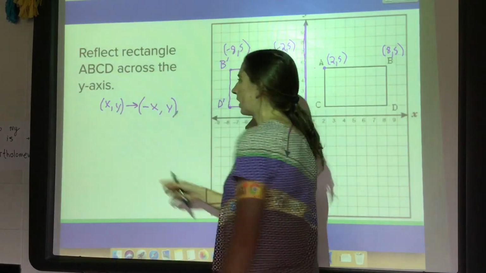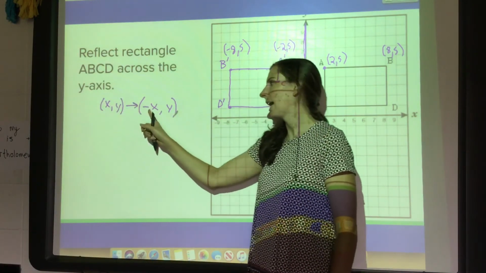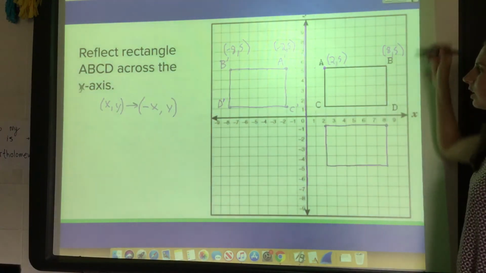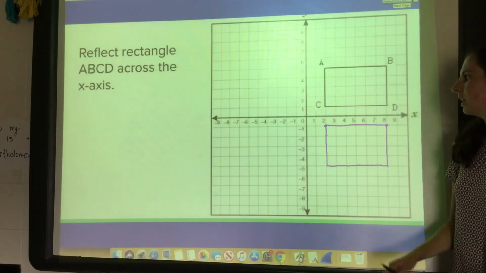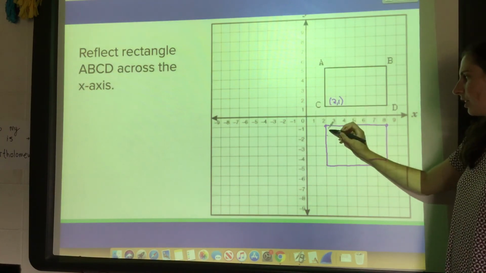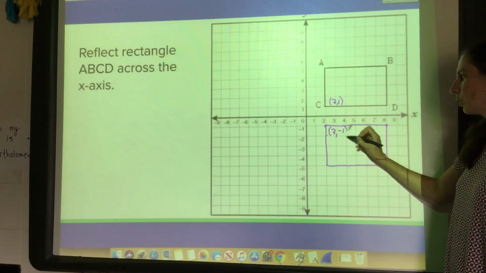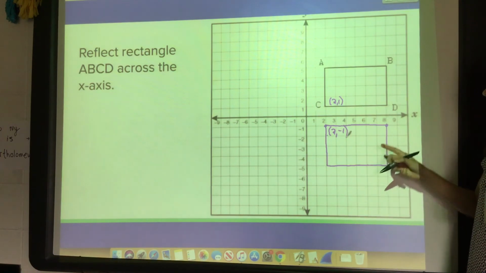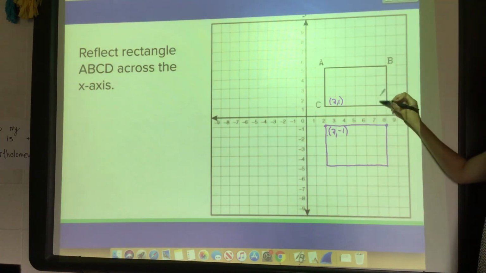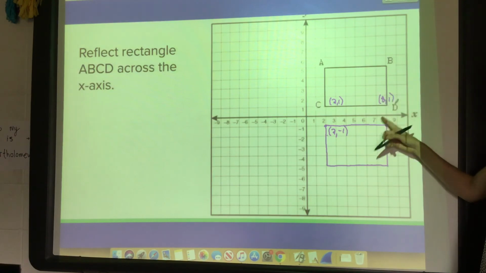Notice this was a reflection across the y-axis, but the x value changed. The opposite will be true if we reflect across the x-axis. See how like point C was at 2, 1, and it changed to 2, -1. Point D was at 8, 1, and it changed to 8, -1.